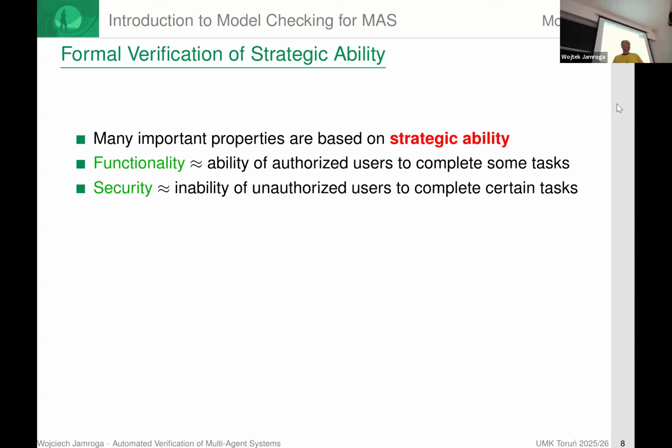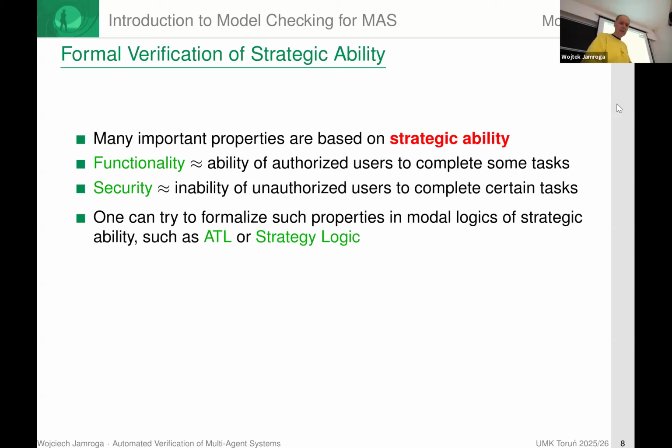Again, this asks, do they have a smart plan? Do they have a strategy to compromise the system? So, strategic ability. And I will show you in the next lecture the first logic, ATL, alternating time temporal logic, and how it can be used to specify such properties.